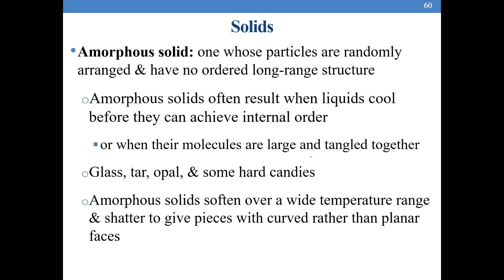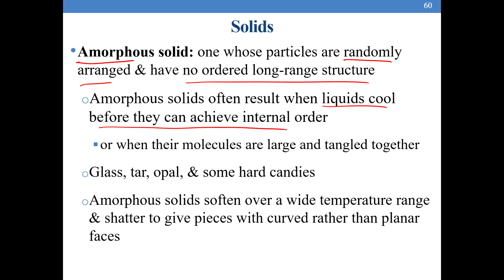The next solid is an amorphous solid that has no defined crystalline shape. They're randomly arranged, with no long-range structure like the metallic solid and crystalline solid had. This happens when a liquid cools before there's any internal order to the structure.